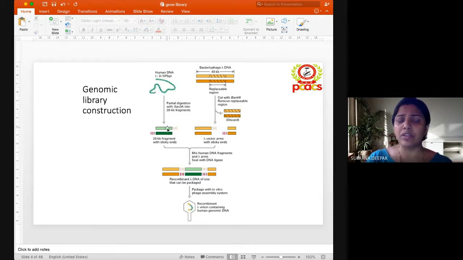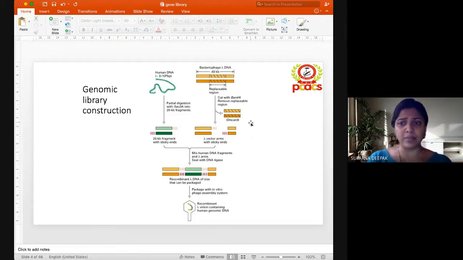Whatever your DNA is, that would be inserted. Here I am showing you an example of how your genomic library can be produced in phages. Before this, I explained how you can do it in host cells like prokaryotic cells. Now I am explaining how it can be done in a phage.